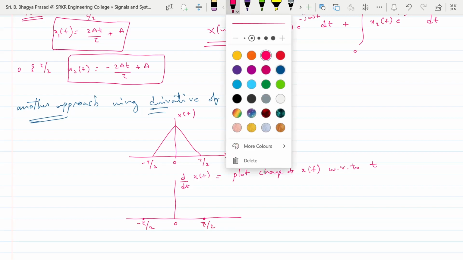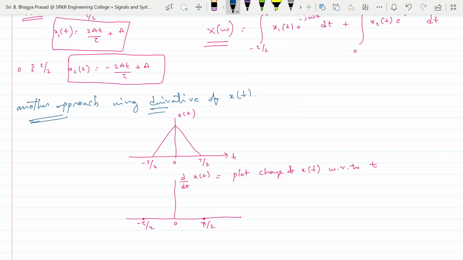So let us plot the change. The change is a line that is moving in this way with a constant slope. From minus tau by 2 to 0, x of t was changing in the same way, that is, it is maintaining a constant slope.